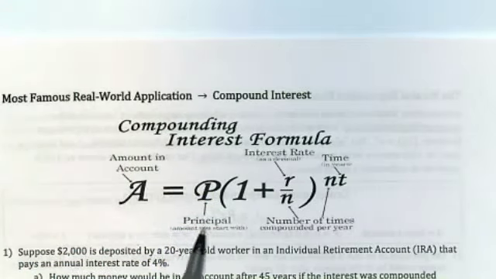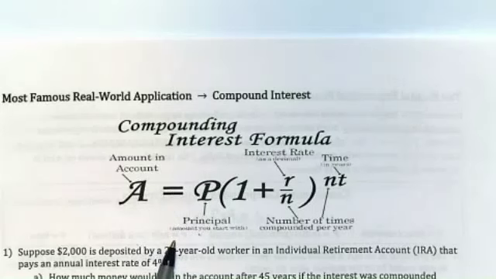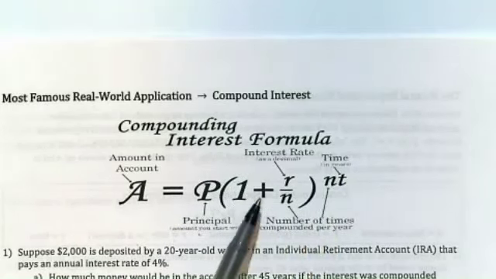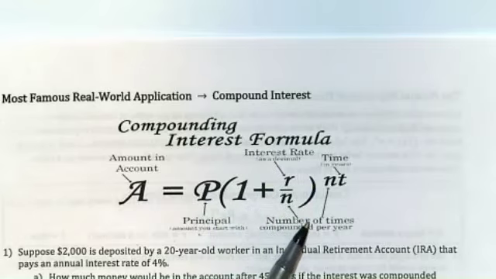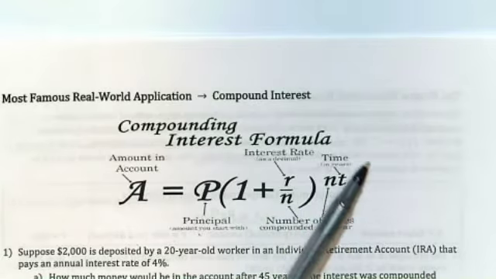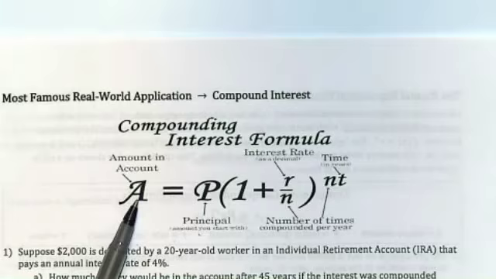When you talk about it with money, they call it the principal. And then it's going to do all of this math. It's going to have a certain rate. Different accounts have different rates, how much it compounds a year, and over a certain amount of time that will all give you an output, which is normally Y, but in this case it's notated with an A because it's the amount left in the account.